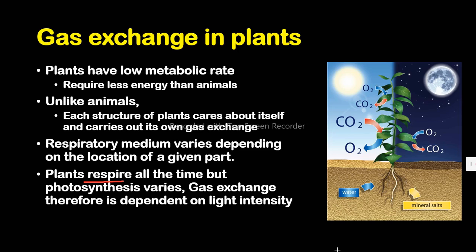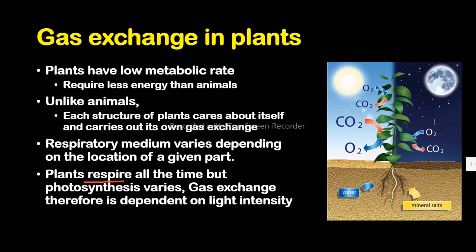But however, photosynthesis varies with time of the day, whereby at night you have completely no photosynthesis, you as a plant. And so what does that mean? You have variations.